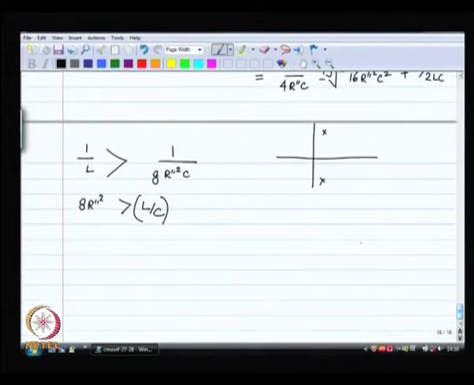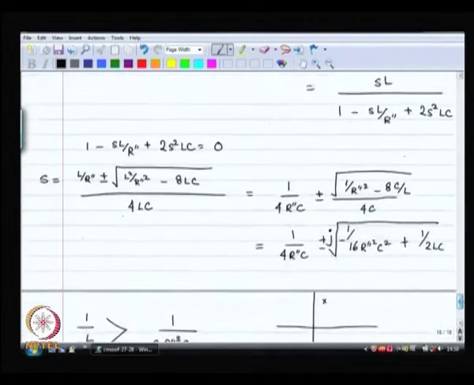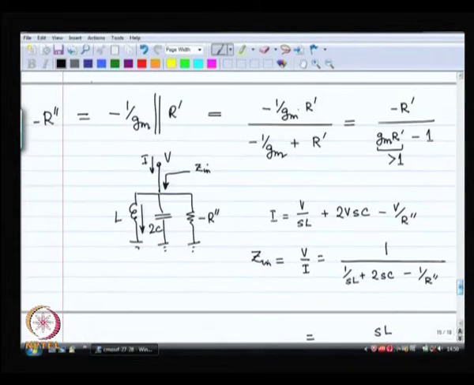So, it is okay to have minus R double prime, net negative, it is okay to have such a thing. However, what I am trying to say over here is you have to do it with some restriction.